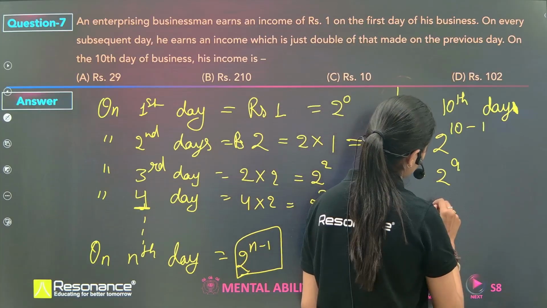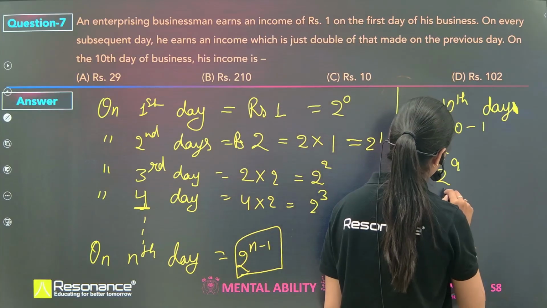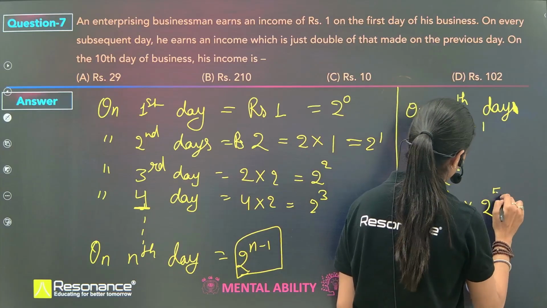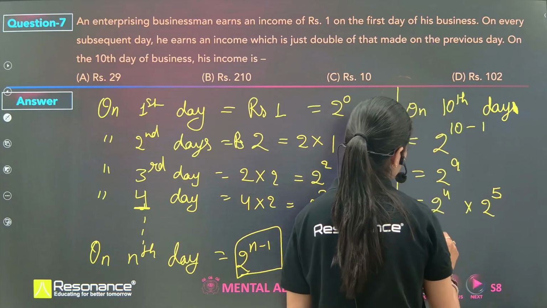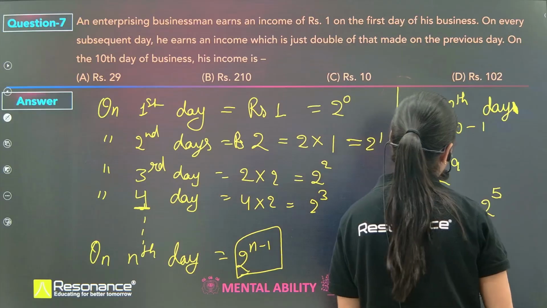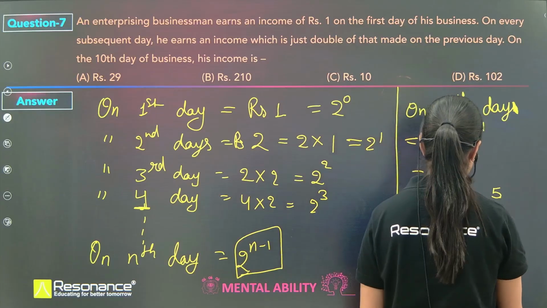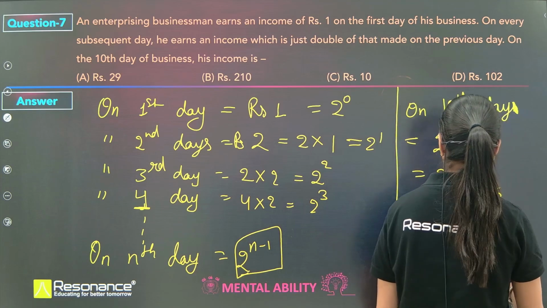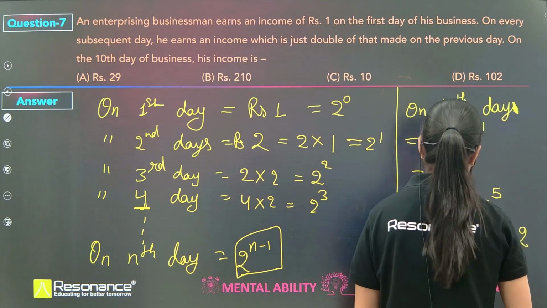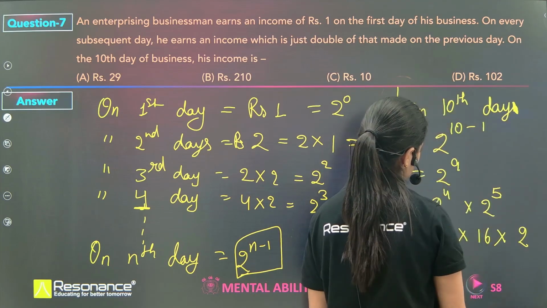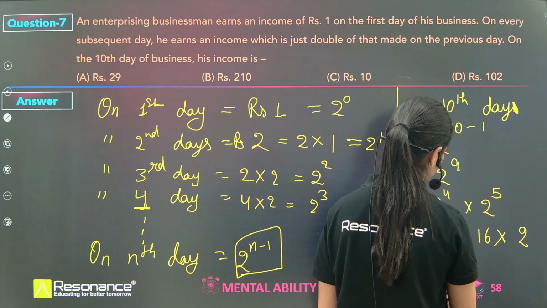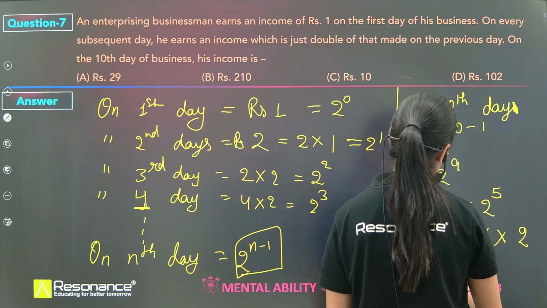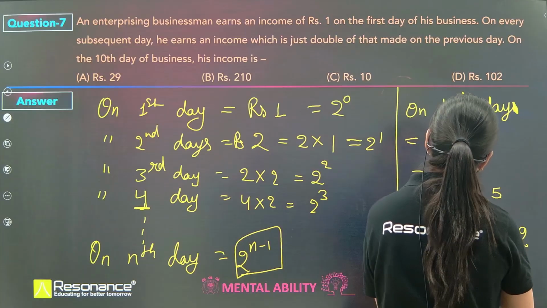We have to solve that, that is 2 to the power 4 into 2 to the power 5, which will be 16. And then again 16, then we have 2 again. So it will be 32. 32 into 2, it will be 64.